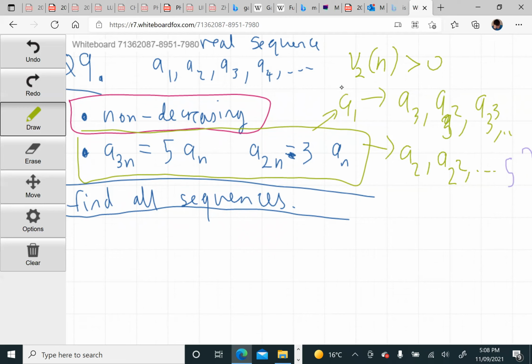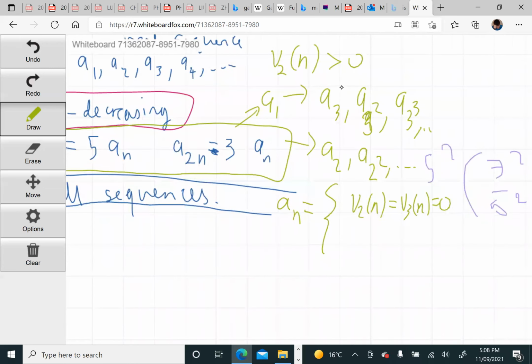So if that was the question, then the answer would be to assign a_n equals, you can assign anything basically if n has no 2's and 3's in it.